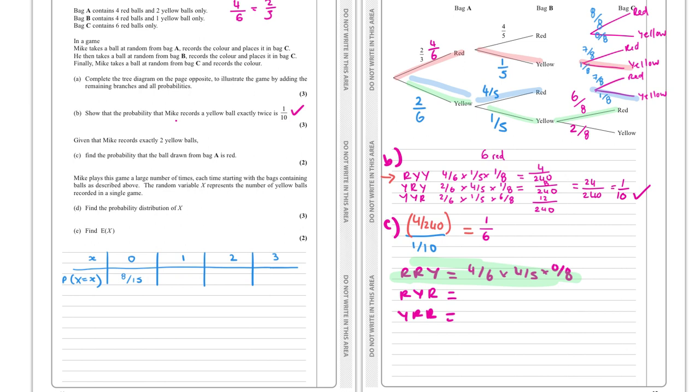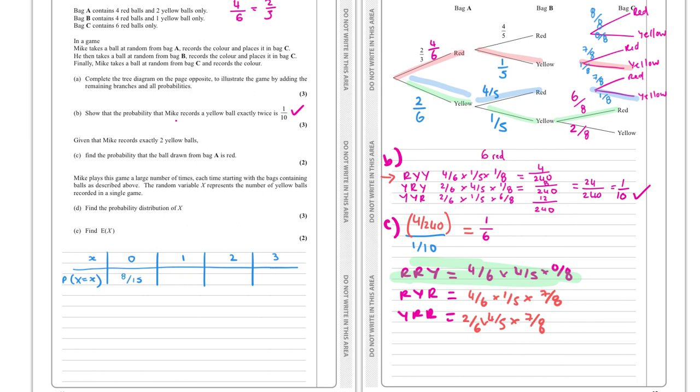Then red, yellow, red. Can we do that? We can. 4 out of 6 times 1 out of 5 times red, yellow, and then 7 over 8. Now we're going to add that to yellow, red, red, 7 over 8.